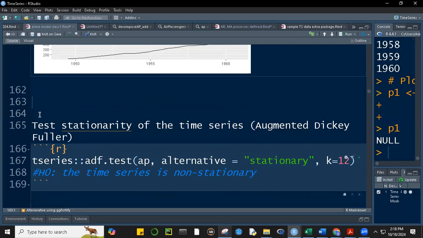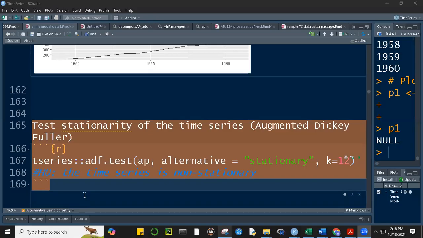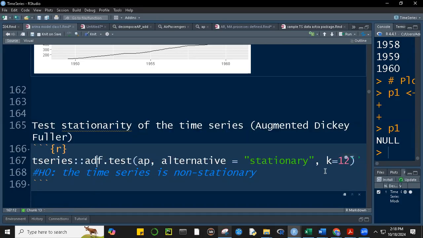Okay, last, class. Just this. Control C, Control V. Okay, last one, this one. If I run this, this is now the statistical test I was telling you about. The null hypothesis is that the time series is non-stationary.